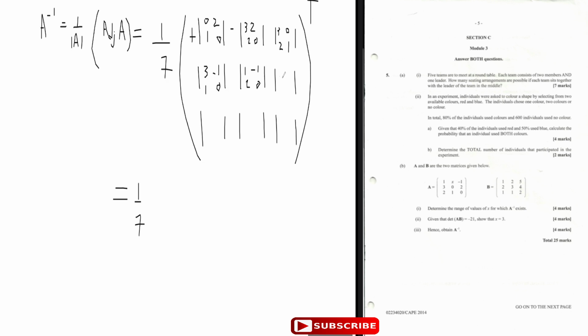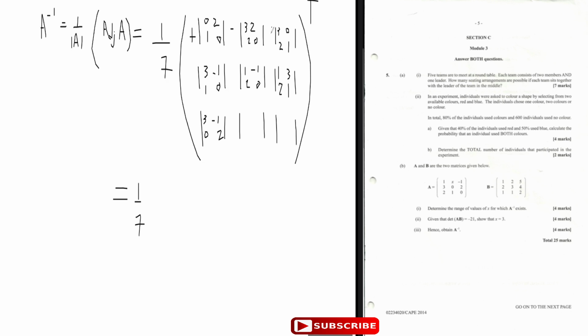Then over here, it's going to be 1 x, so x is 3, 1, 3, 2, 1. Finally, down here now, it's going to be crossing out the 2, it's going to be x minus 1, which is 3 minus 1, 0, 2. Oh, and I forgot the sign.